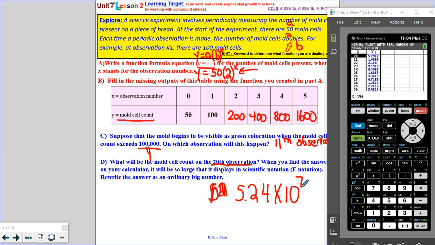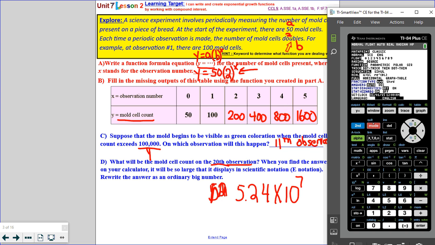Now, you could either do this by hand, or making sure that you're in normal mode, you could go back to this and just put 5.24 times 10 to the 7th power. And if you press enter, you're going to get the number.